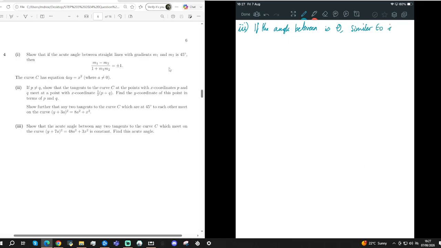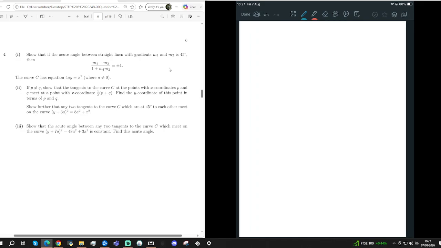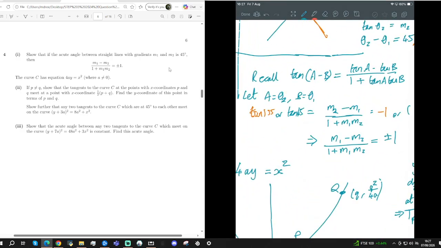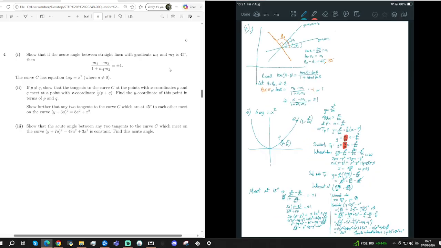to part I, we have the m1 minus m2 over that, which in part I, if you remember, that condition equaled tan of the angle, or 180 minus tan of the angle, because of the acute or obtuse cases.